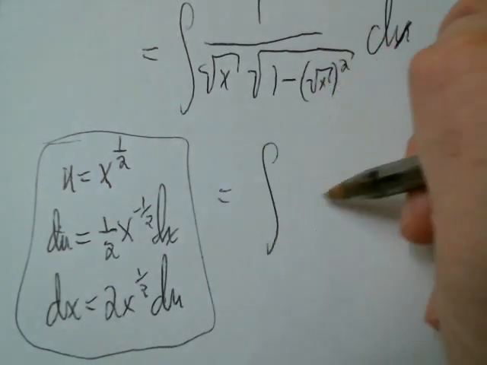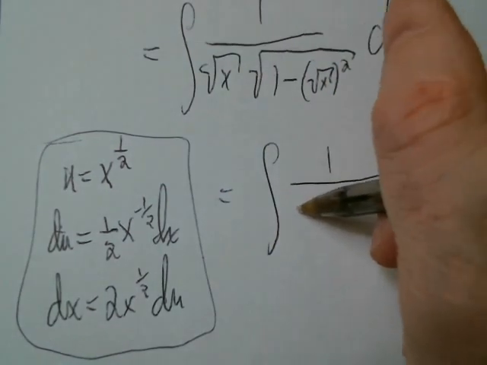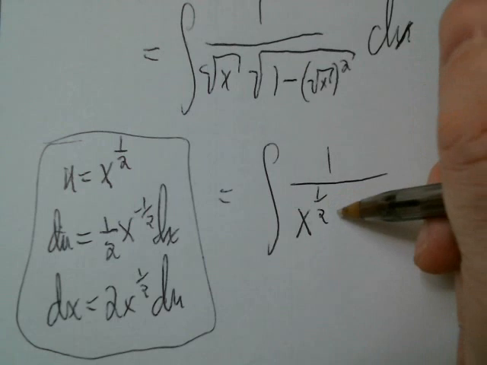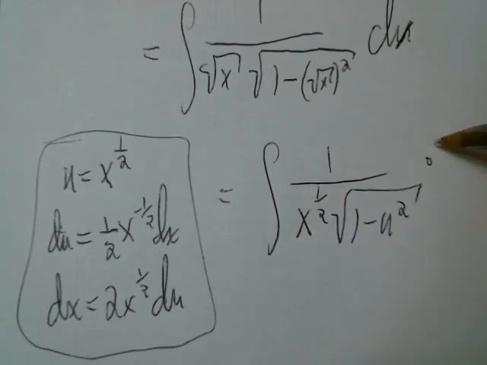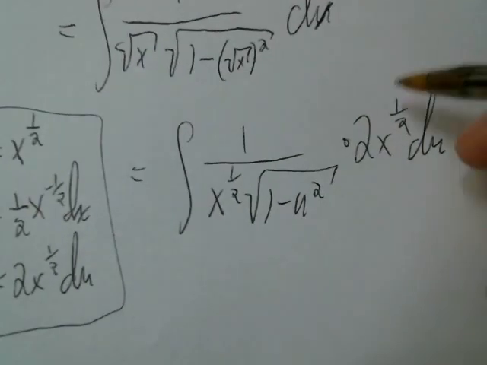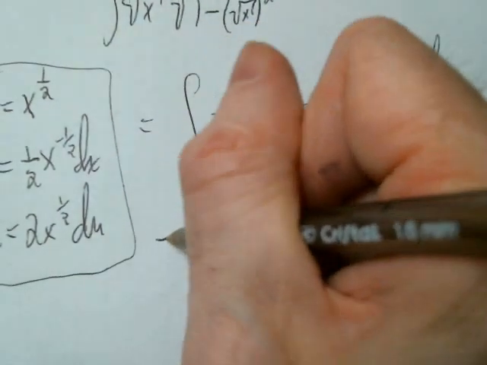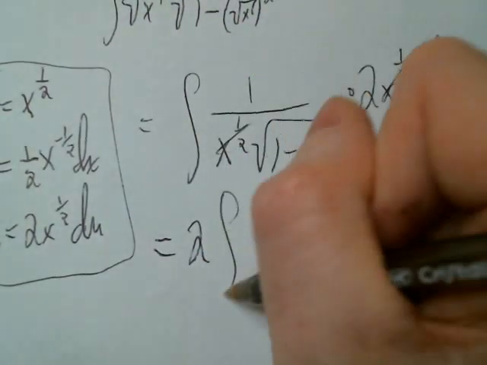Okay, so this integral should be 1 all over square root of x, or x to the 1/2, if you rather, times the square root of 1 minus u squared now, times dx, which is now 2x to the 1/2 du. And sure enough, the x to the 1/2s cancel, leaving you with an inverse sine integral.